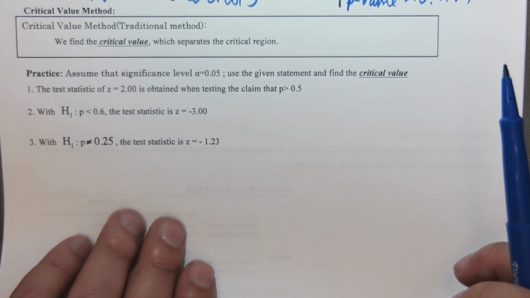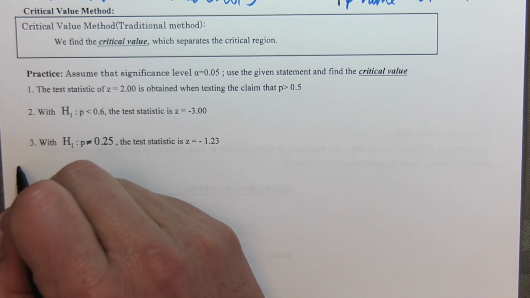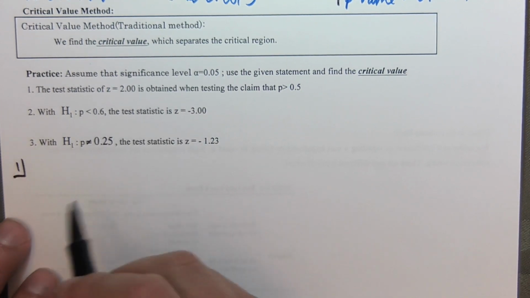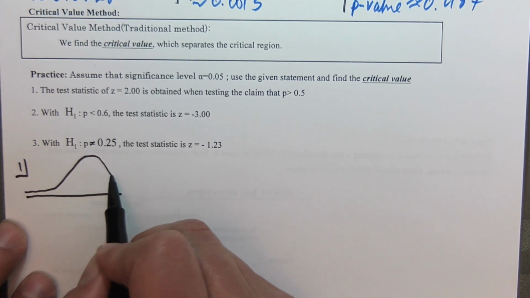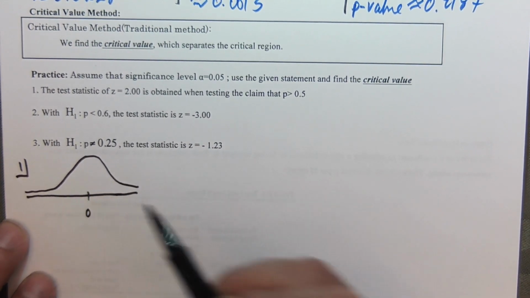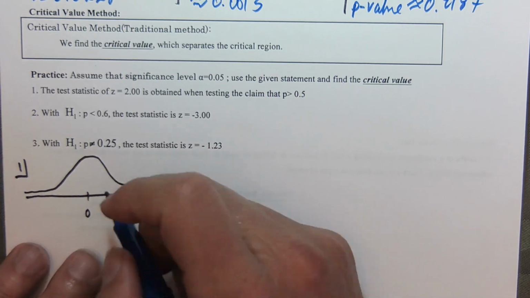I actually want to optimize my space here. So let's start with number 1. So here we are, once again. Z equals 2.